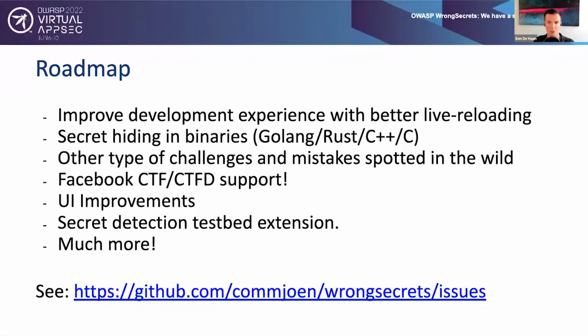So what's on the roadmap? Now, first off, we probably want to improve the development experience a bit. Currently, it's quite cumbersome to add a new challenge and go through the testing loop, go through the verification again. So we want to make this easier for everyone working on our project and implement a nicer development experience, for instance, with live reloading. We also want to do some secrets management, secret hiding in binaries, for example.